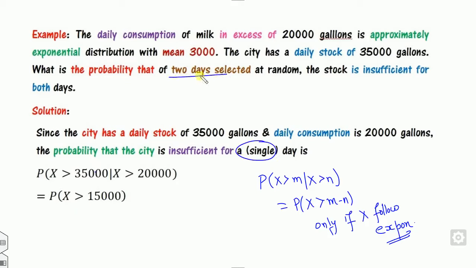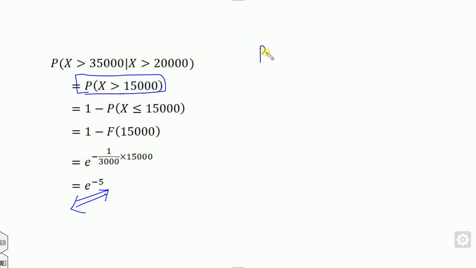But how many days do you want to select? 2 days. So you have to find the probability for 2 days. So your required probability is this. What is the X? Number of the days on which stock is insufficient.